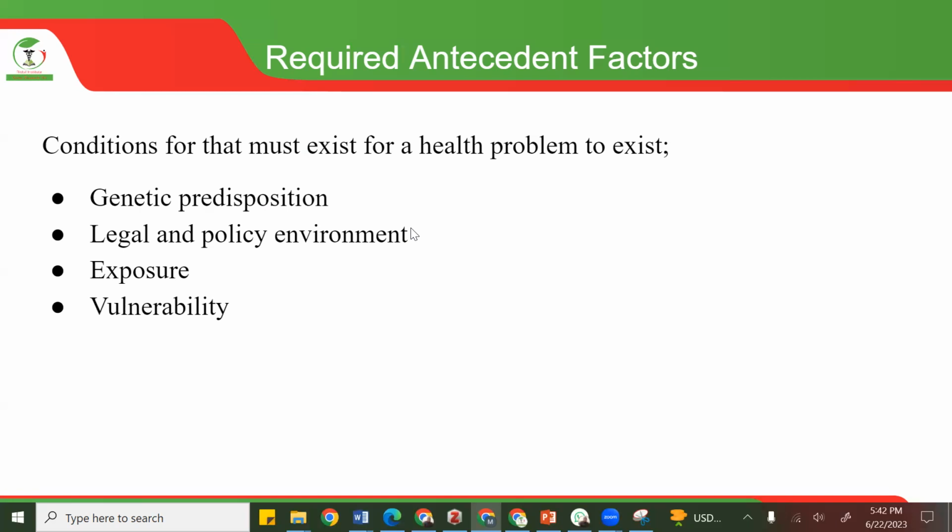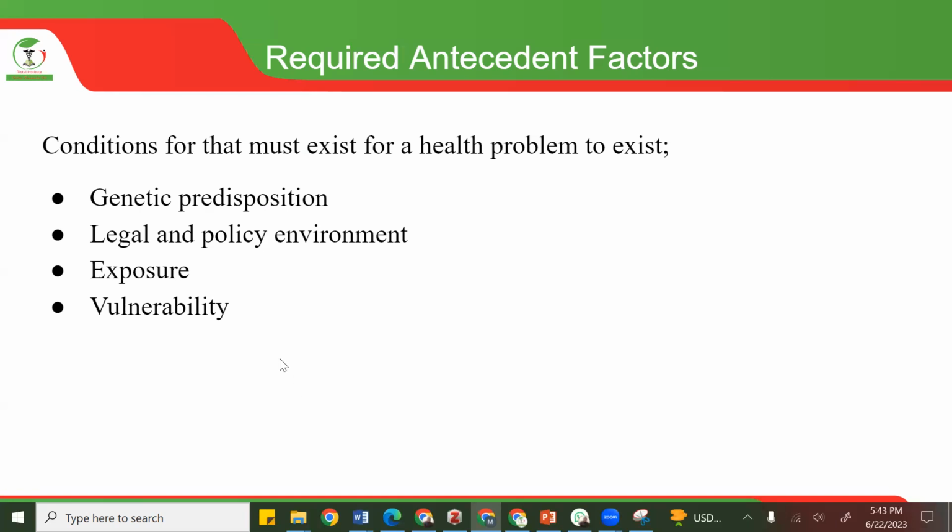Or if the problem is diseases caused by exposure to environmental toxins, then it means that the sources of toxins or exposures should actually exist, for the people to get the conditions associated with those factors.